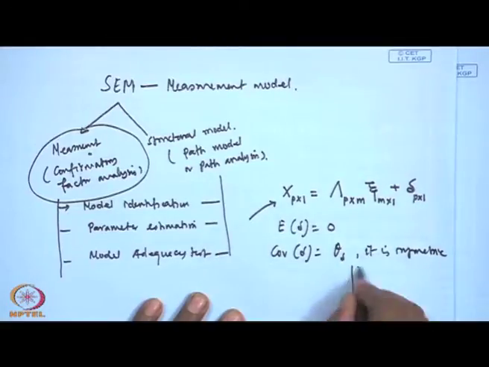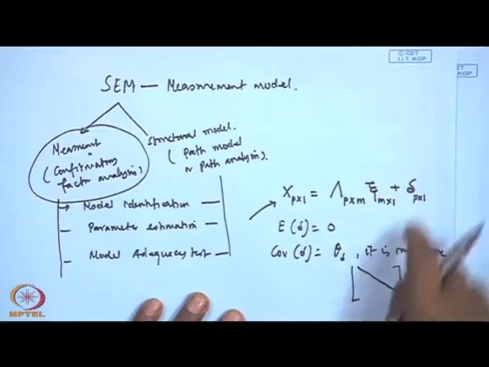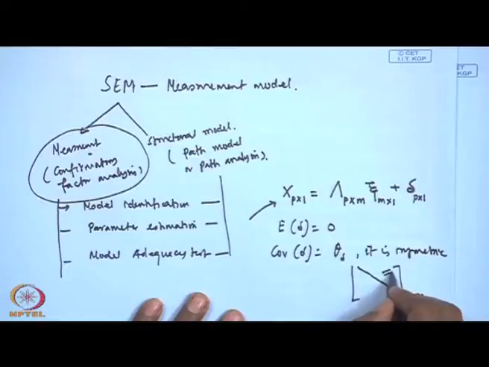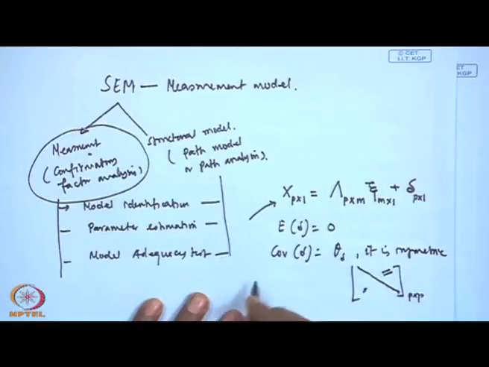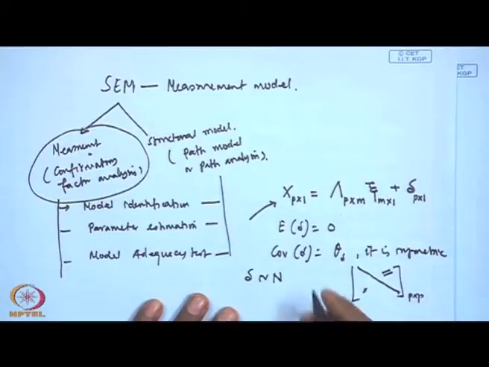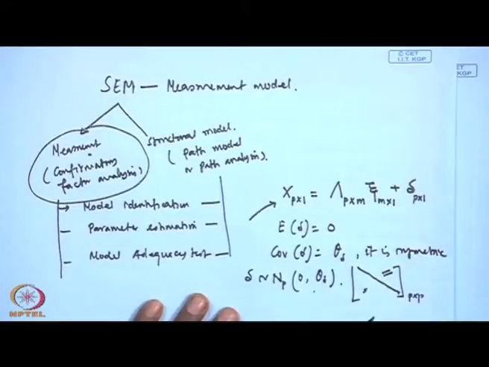It will be p cross p. The diagonal holds the variance components of delta, and the off-diagonal elements are the covariances, which are equal, that is why it is symmetric. And delta is multivariate normal with mean 0 and covariance matrix theta delta, or you can write theta also.